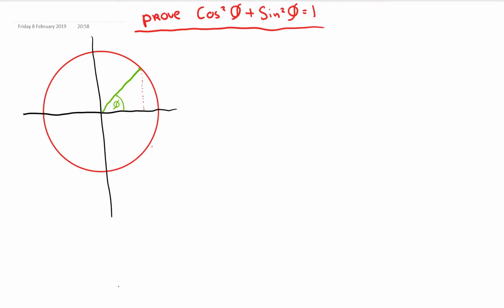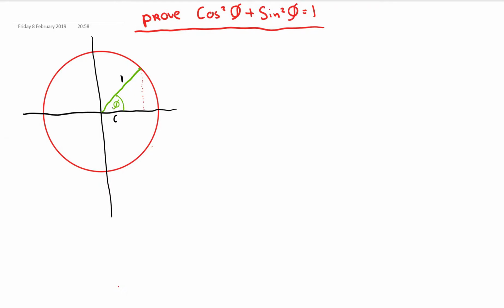Okay, so now let's start labeling the sides. Well, the length of this is going to be 1, the hypotenuse. The reason for that is it's the unit circle, so the radius has to be 1. And down here, in relation to this angle, this is going to be the adjacent side, but we're not going to look at it that way.